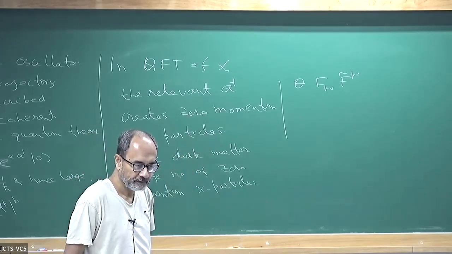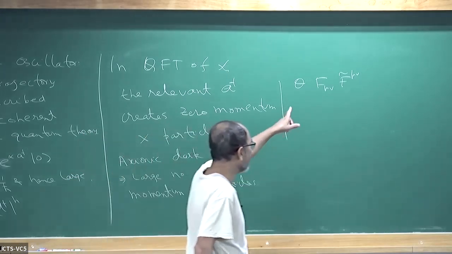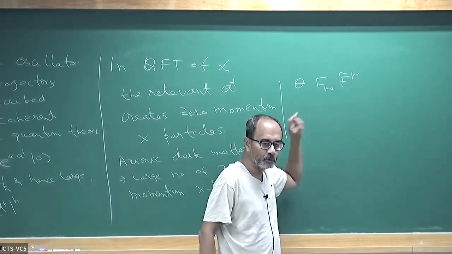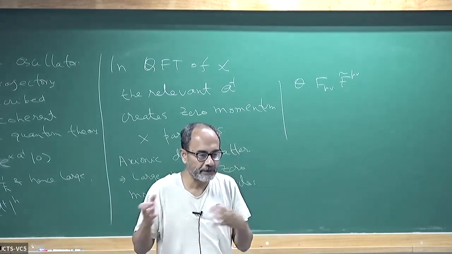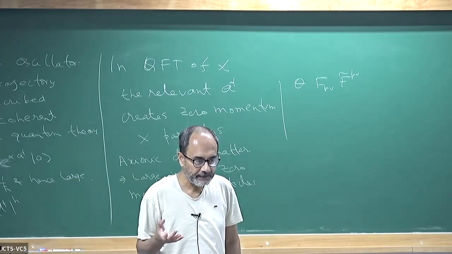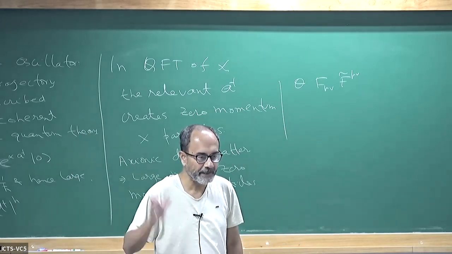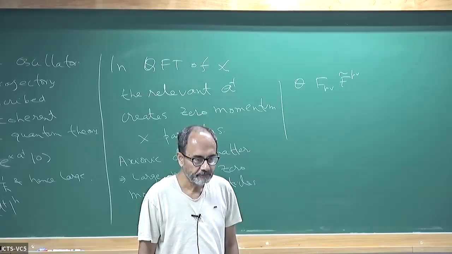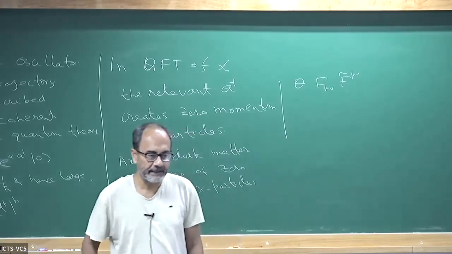Here theta will be replaced by chi, so chi with two gluons. Inside the sun all the strong interaction processes are going on, so there are lots of gluons in the sun, and during that process you can emit chi. We should have seen it, or the sun will lose energy fast enough.